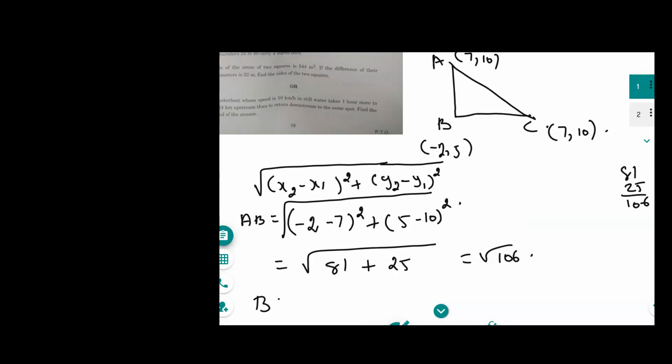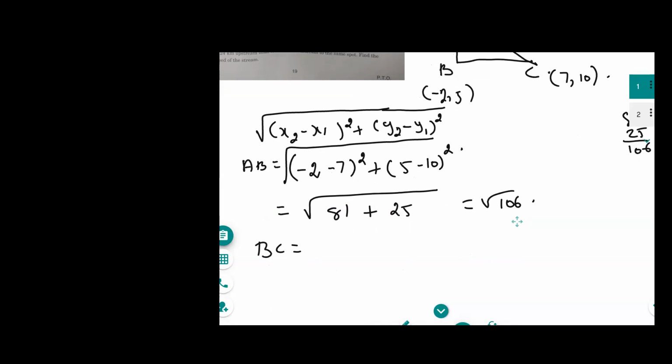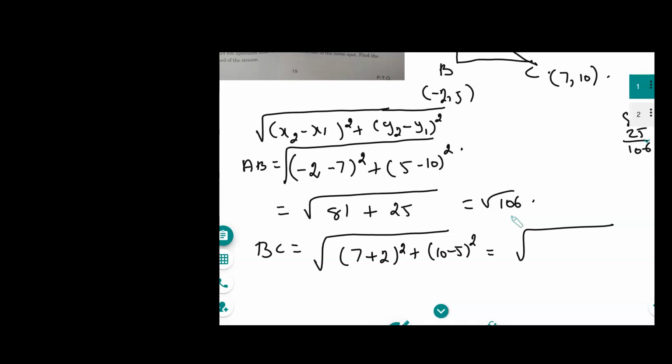Next, let us find out BC. Same way, root of (7 minus of minus 2, which is plus 2) the whole square plus (10 minus 5) the whole square, which is equal to root of 9 square 81 plus 5 square 25, which is equal to root of 106.